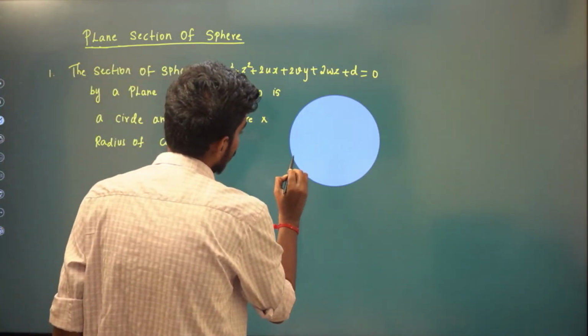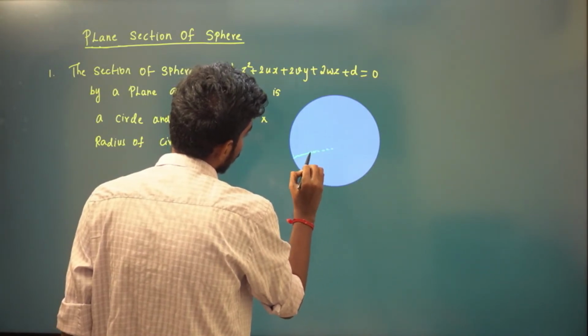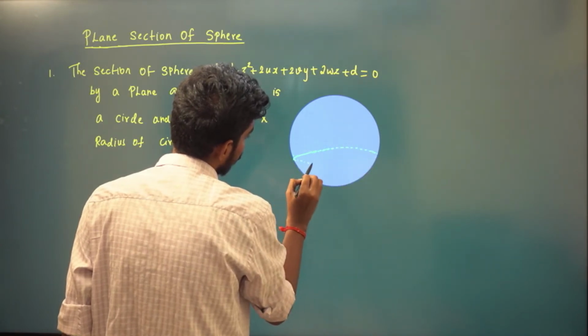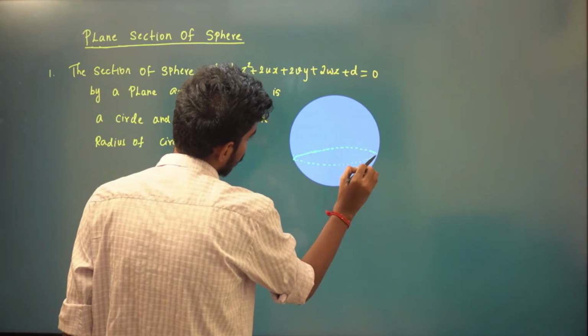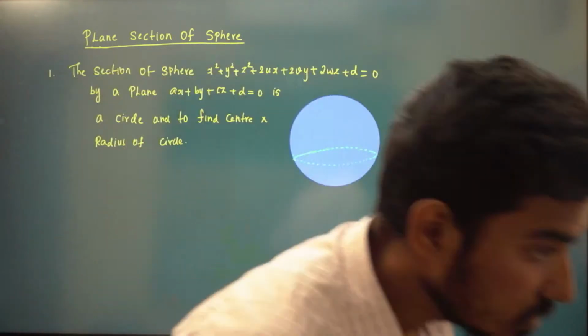So the image, this part, is a circle that it will form.